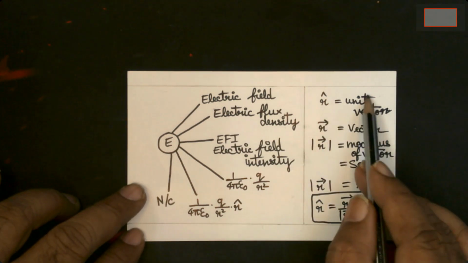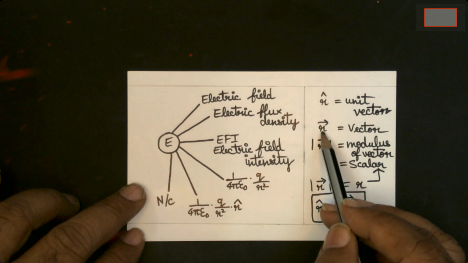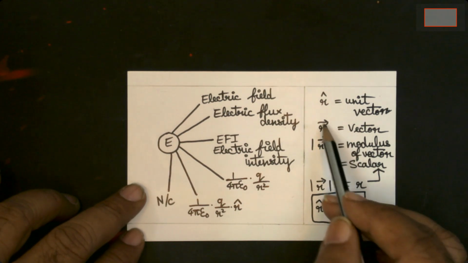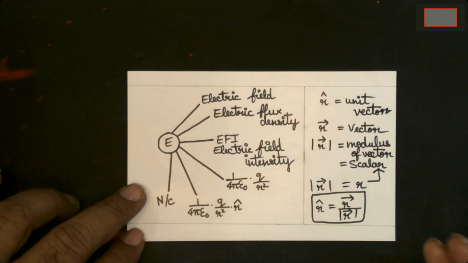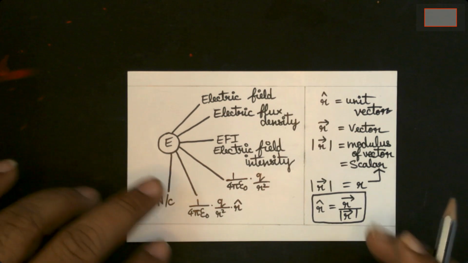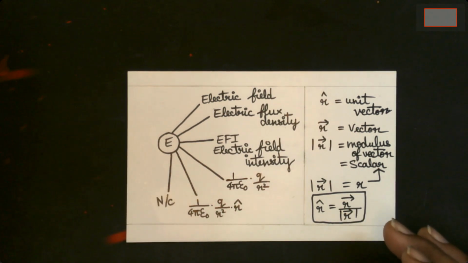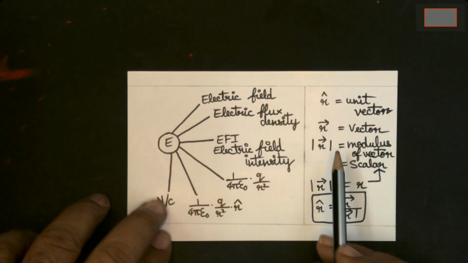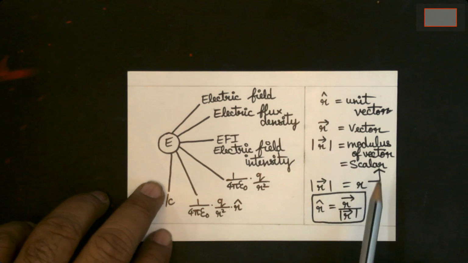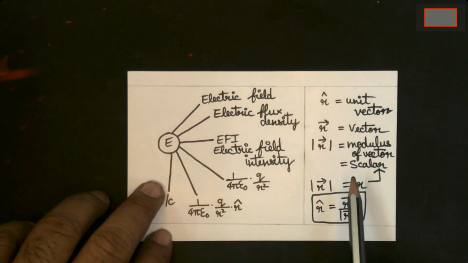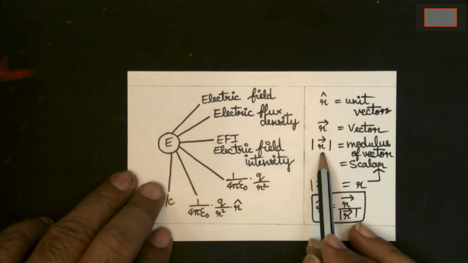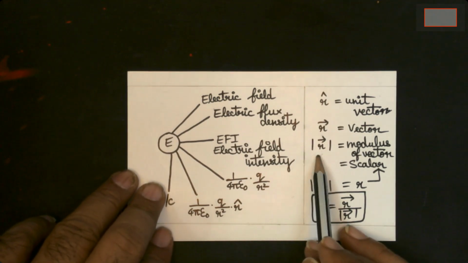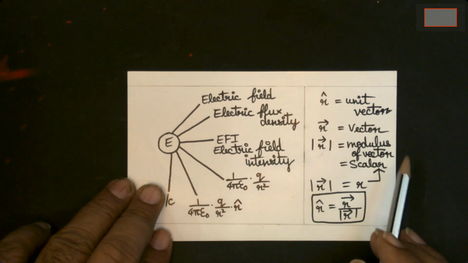So R cap, unit vector. We know the vector is represented with an arrow mark at the top. So R vector, and what do you mean by vector? It is representing both magnitude and direction, right? So when you are very specific about the magnitude alone, in that case you can introduce the modulus of vector R. When I say modulus of vector R, it represents only the magnitude, is it not?